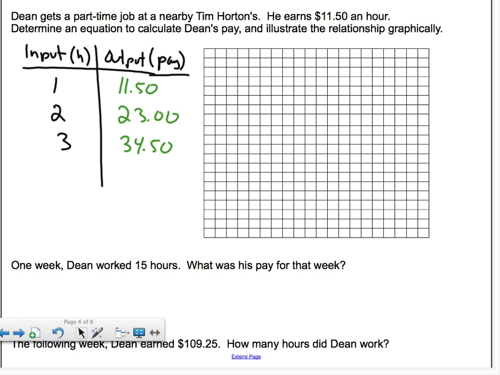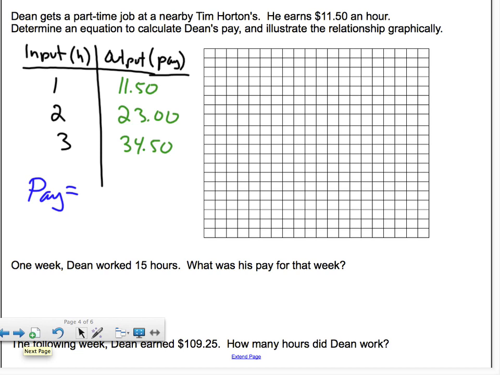Okay, so what's the input here? And what's the output? What do we call it? Pay, right? Pay is equal to 11.50 times hours.